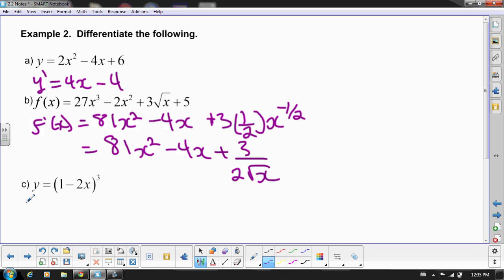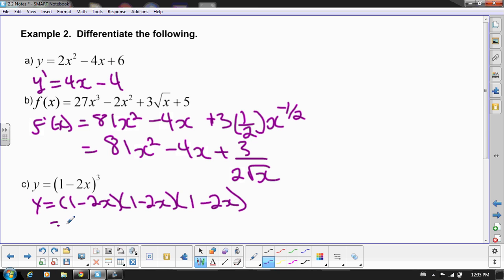Now, this last example on this page, before I can actually get the derivative, you need to expand this out. So when we expand this out, we're FOILing. So we get 1 minus 2x, minus 4x plus 4x squared.